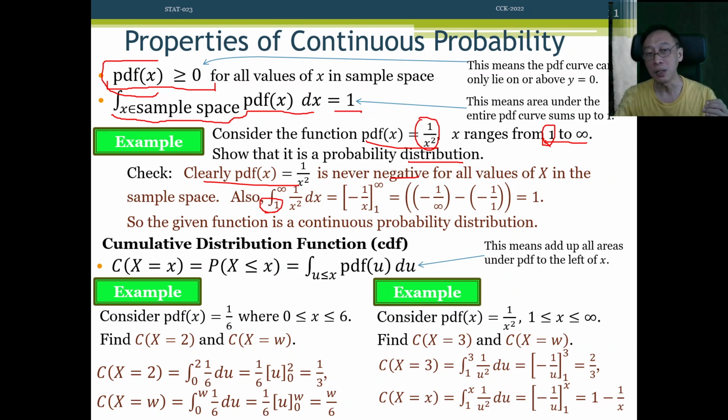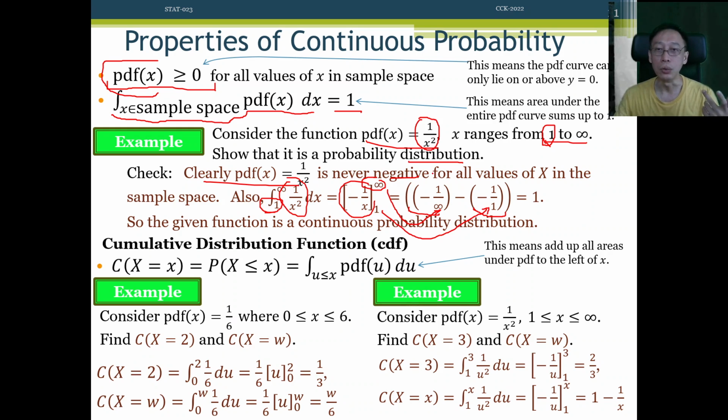So from minus infinity to infinity, the PDF function, do we get 1? Remember the form for 1 over x squared when we integrate it is minus 1 over x. And we will put a copy of minus 1 over x minus another copy of minus 1 over x, where the top number is substituted into wherever x occurs, and the bottom number is substituted into the second copy whenever x occurs.